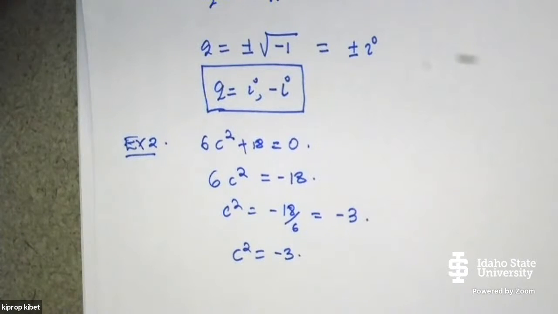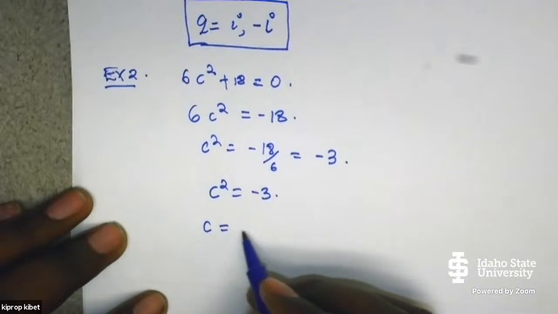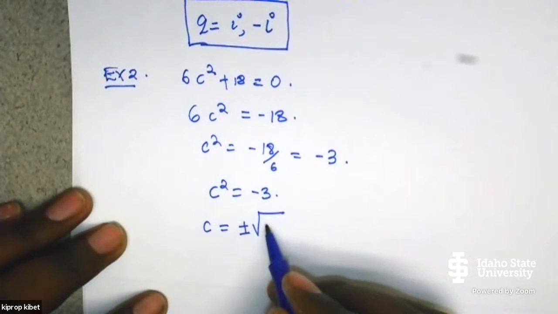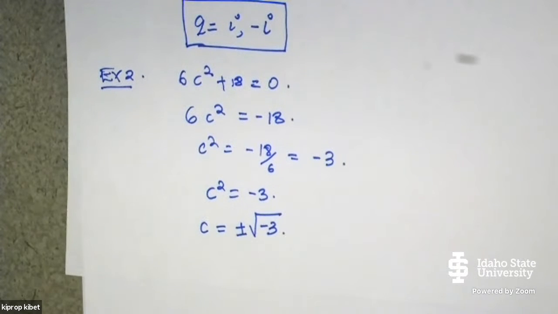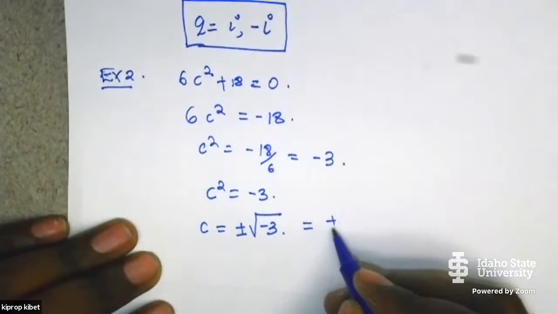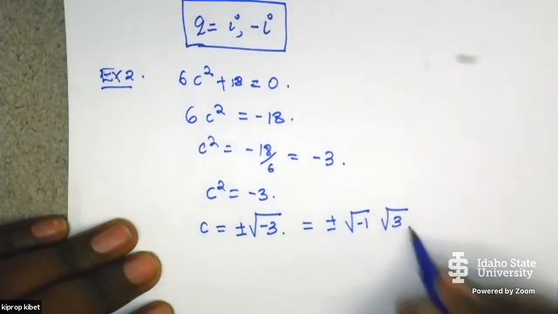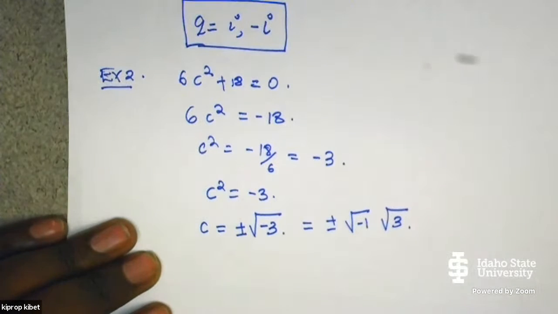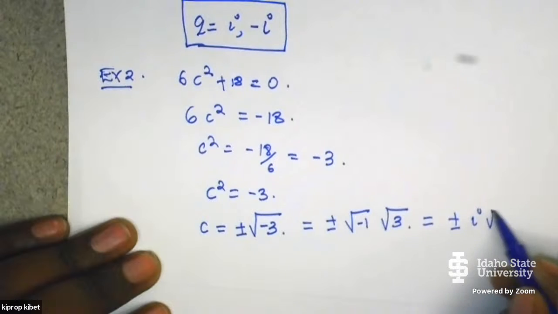Now, using the square root property, c is equal to plus or minus the square root of negative 3, which is equal to plus or minus the square root of negative 1 times the square root of 3, and this is equal to plus or minus i root 3.